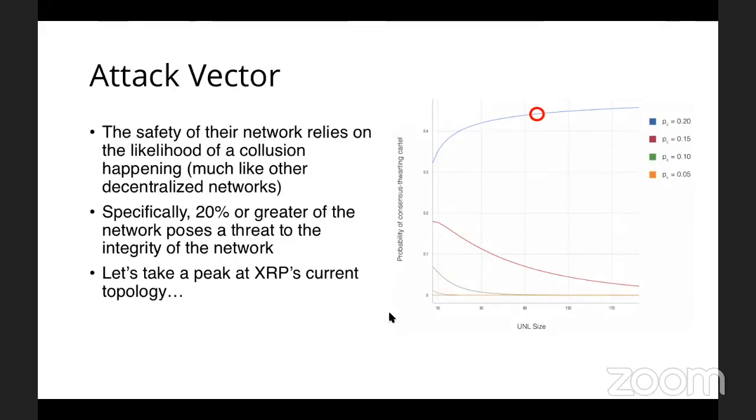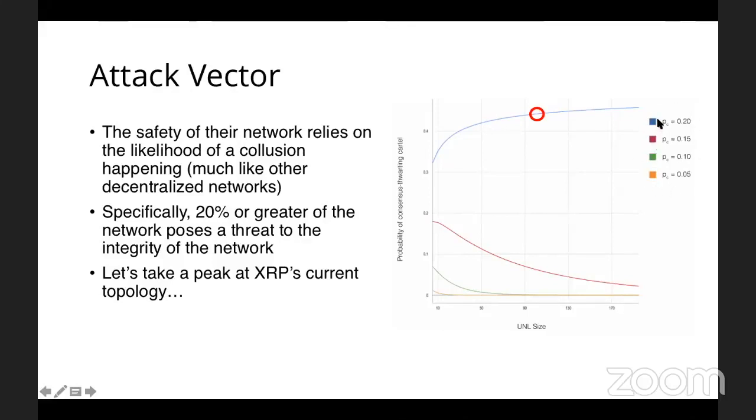So where this gets a little hairy is they rely heavily on this variable in their equations called the probability of a consensus thwarting cartel, PFC. And the safety of the network relies on the likelihood of a collusion happening. Specifically, 20% or greater of the network poses a threat. 20% of the greater network, if they're in collusion, pose a huge, increasing threat to the network, as compared to if we have something under 20% of the network colluding down here, where we have our different variables of PFC, the probability of collusion.